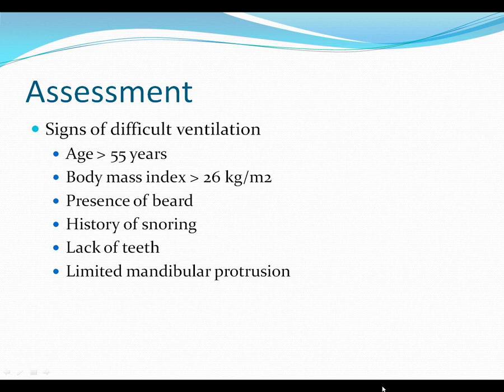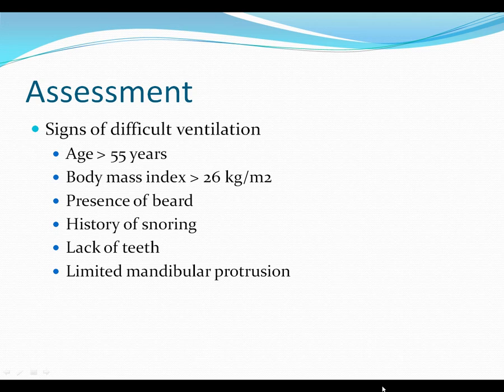So signs of a difficult ventilation. So different from signs of a difficult intubation. There is some overlap, but to me, this is a little bit more alarming than the difficult intubation. If you can't ventilate, you're really in a pickle. So age over 55, BMI over 26, beard, history of snoring, lack of teeth, and limited mandibular protrusion. So if they can't put their mandible forward, those are signs of difficulty.